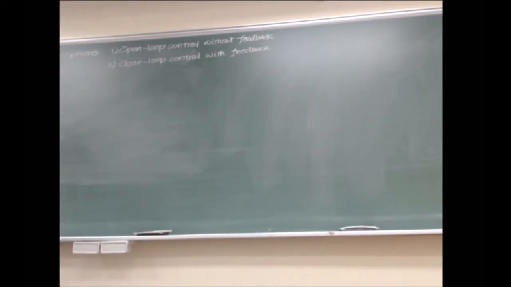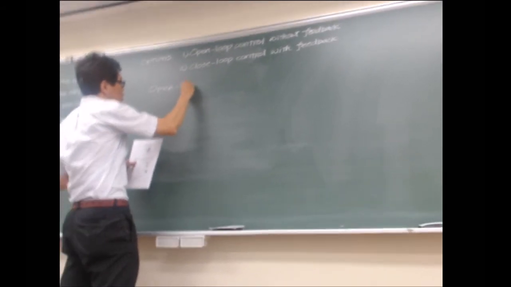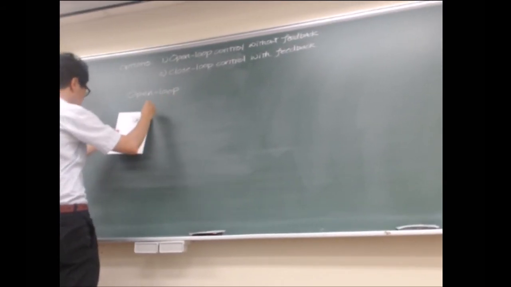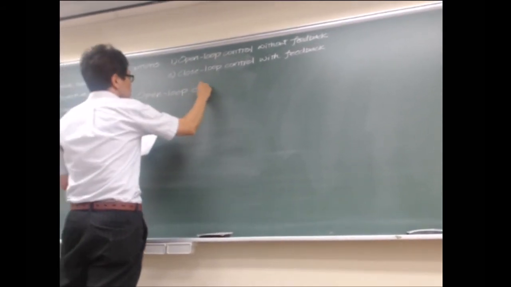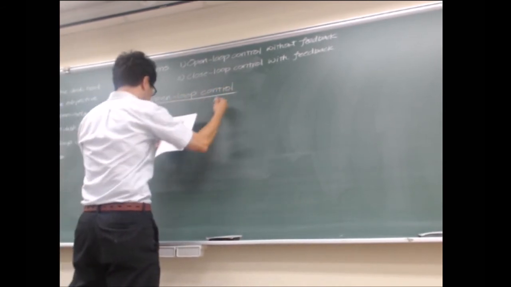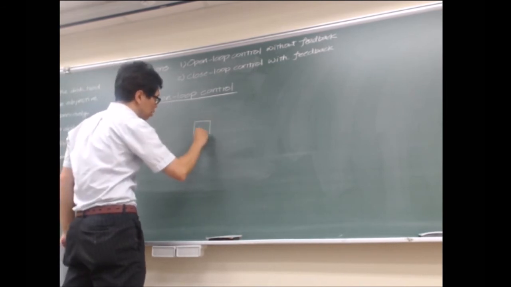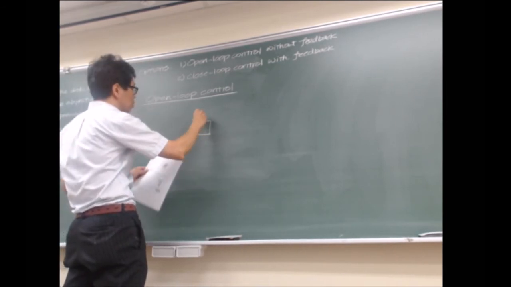Okay. So if you have downloaded your notes, the figure I'm going to draw is actually over here. So let's talk about open loop. Just like what I said earlier, you've got your motor.